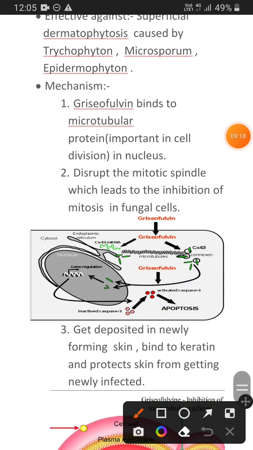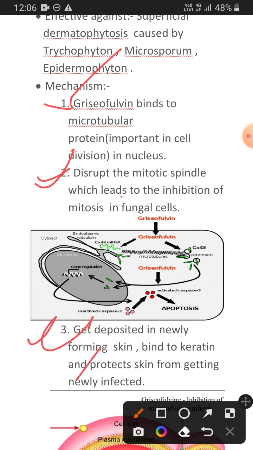So griseofulvin simply binds with the microtubular protein in the nucleus. It also disrupts the mitotic spindle. In that way, it inhibits the mitosis of the fungal cell, and it gets deposited in the newly formed skin and binds with keratin. In that way, it protects skin from getting newly infected.